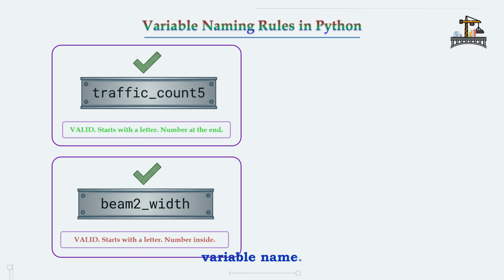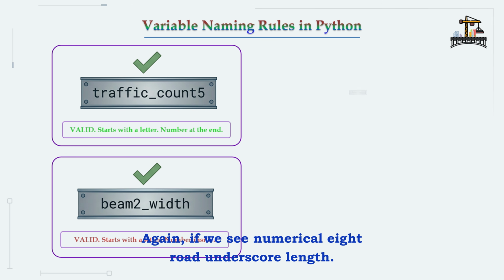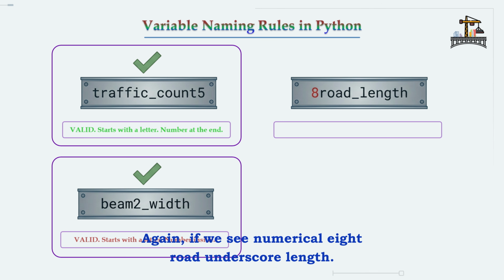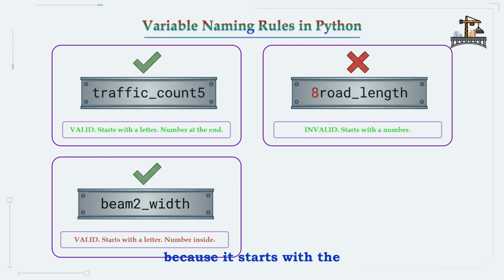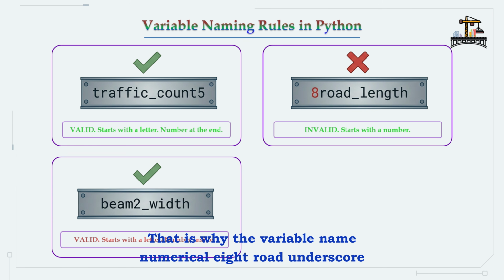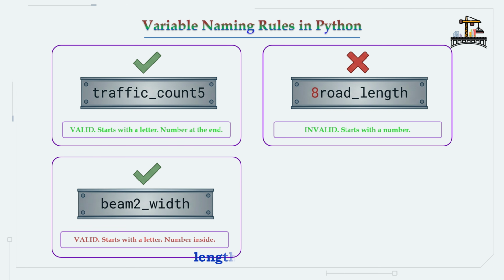This variable name is also valid because it starts with the lowercase letter b and the number 2 is placed inside the variable name. Again, if we see 8road_length, this variable name is invalid because it starts with the number 8. As per the rule of Python, variable names should not start with numbers. That's why the variable name 8road_length is invalid.